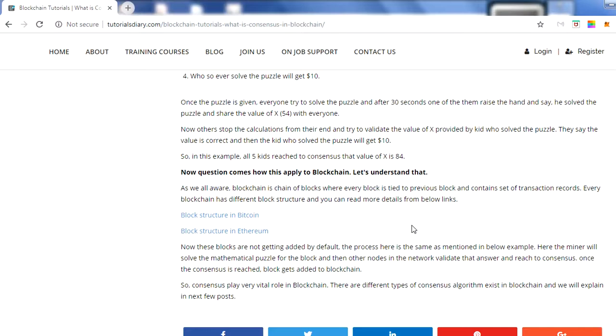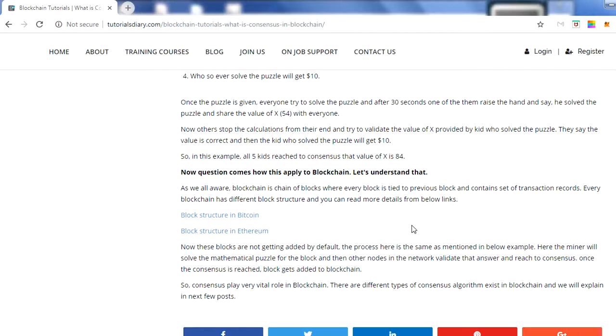Once that puzzle is solved, they have to tell everyone, okay, I have solved this puzzle for this block, and the value of this block hash is this one. The other nodes have to validate, right? Once the validation is successful, the person who has solved this puzzle will get 12.5 bitcoins. That is a reward basically. So this is how the blocks are added in a Bitcoin blockchain.